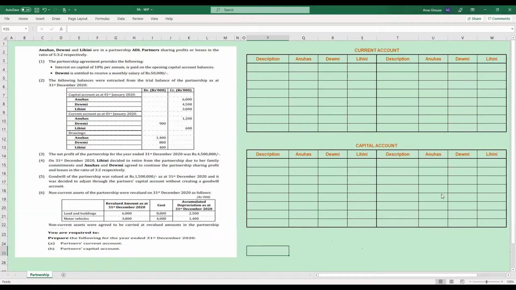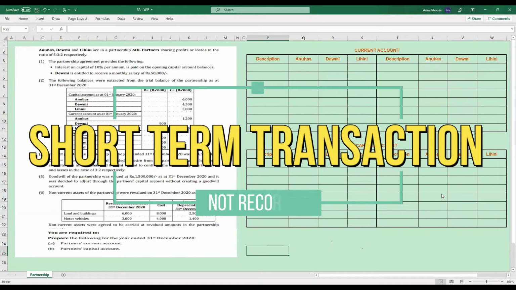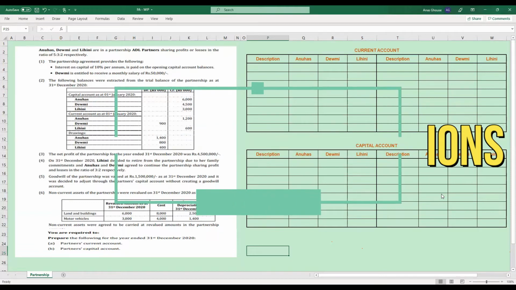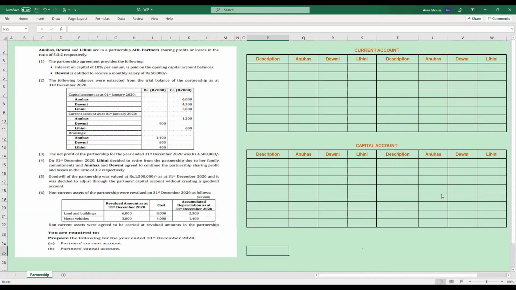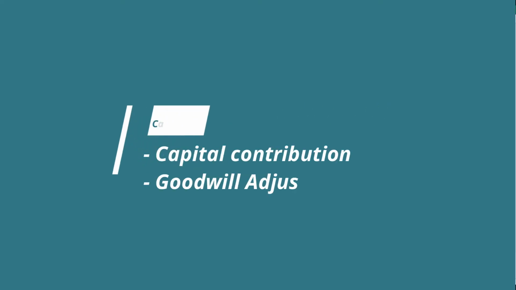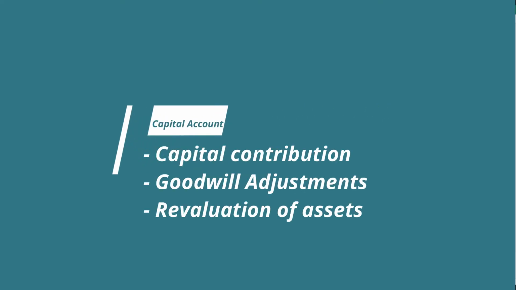Basically, short-term transactions or adjustments are not recorded in the capital account. So please remember, only capital contribution, goodwill adjustments, and revaluation of assets will be recorded in the capital account.